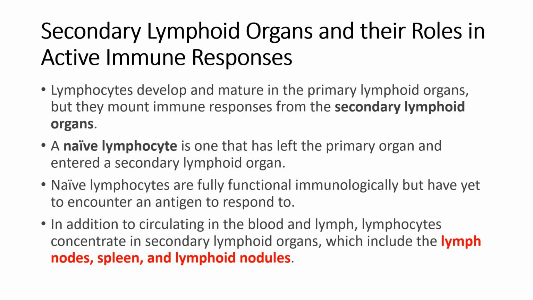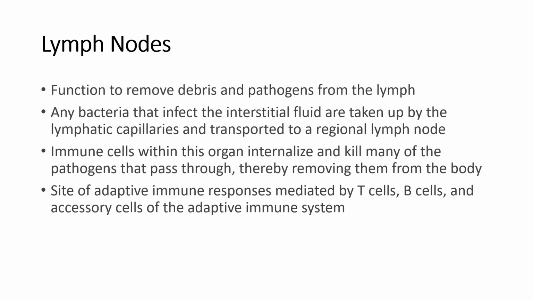A naive lymphocyte is one that has left the primary organ and has then entered a secondary lymphoid organ. Naive lymphocytes are fully functional immunologically, but have yet to encounter an antigen to respond to, so they haven't been challenged yet. In addition to circulating in the blood and in the lymph, lymphocytes concentrate in secondary lymphoid organs, which include the lymph nodes, the spleen, and something called lymphoid nodules.